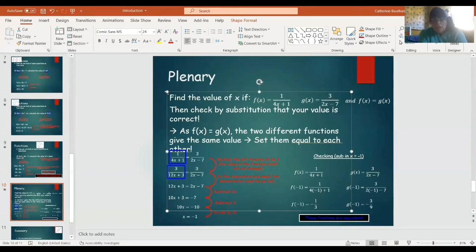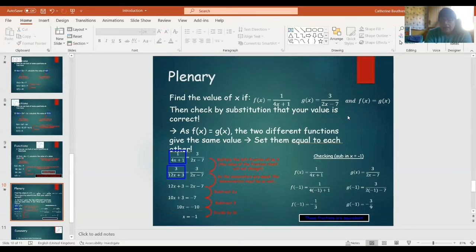There we go. So here they say find x if f of x is 1 over 4x plus 1. G of x is 3 over 2x minus 7. And very importantly, they tell you over here, f of x is equal to g of x. I'm going to highlight things, right? So this is f of x is equal to g of x.